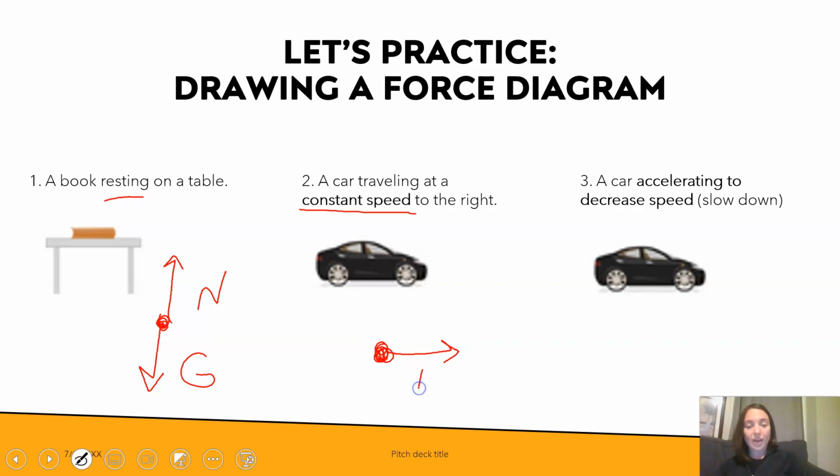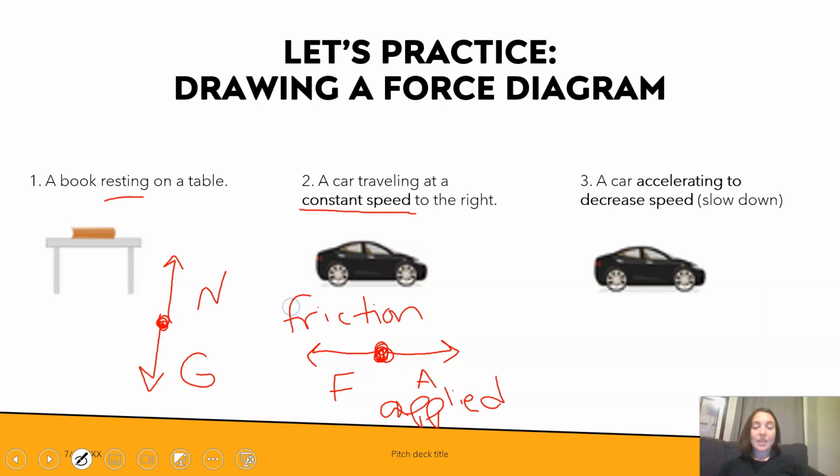We're going to call that an applied force, due to the gas engine pushing the car forward. And we also have a balanced force of F for friction, and they must be the same length because the car is not speeding up, and it's not slowing down.